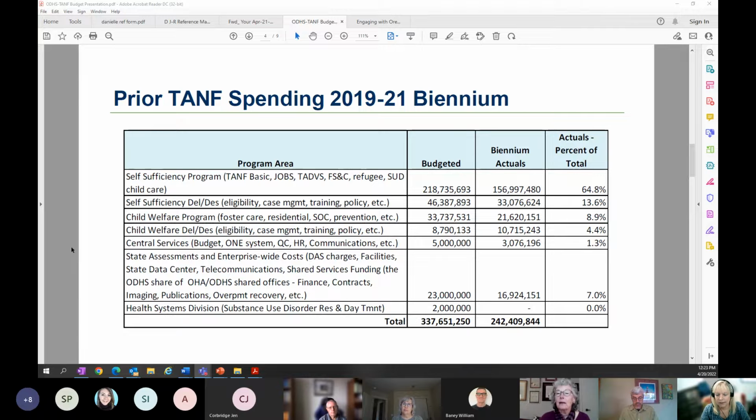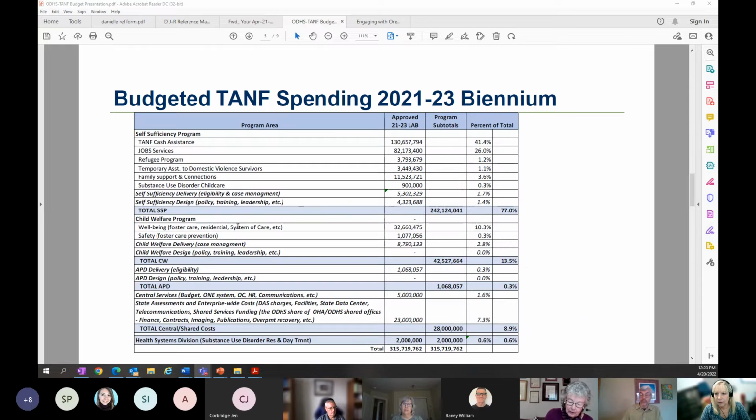Which I think leads us into the next slide, which is how the current biennium is laid out to be spent. This does include the additional, I think it was 25 or 26 million in February session that they've added into TANF cash assistance and family support and connections.